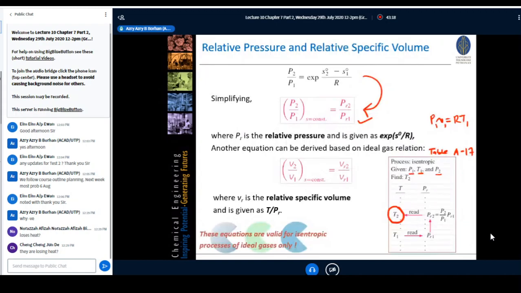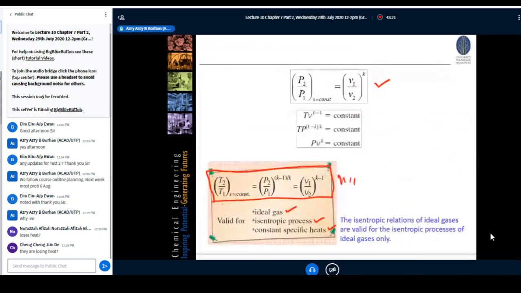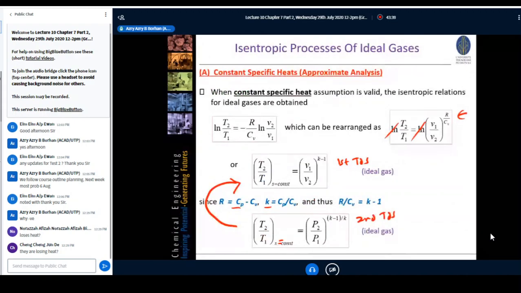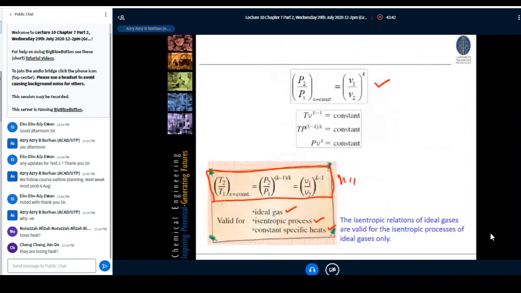So guys, as you can see, you have a gas that resembles ideal gas behavior. You have two methods, constant specific heat or variable specific heat, and each of these methods has its own formula. Now, if it undergoes an isentropic process, under constant specific heat you have these three correlations that you can use, depending on what variables have been given to you.